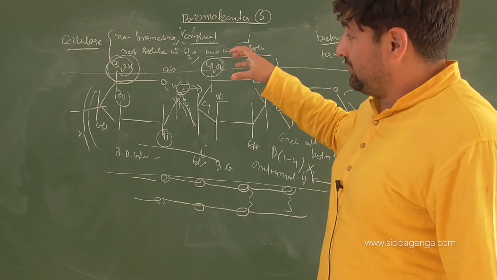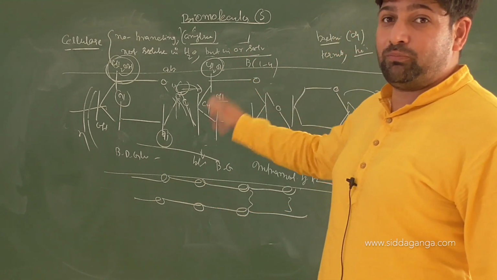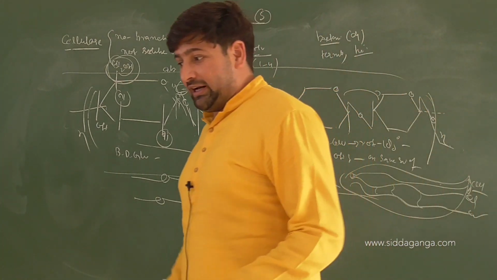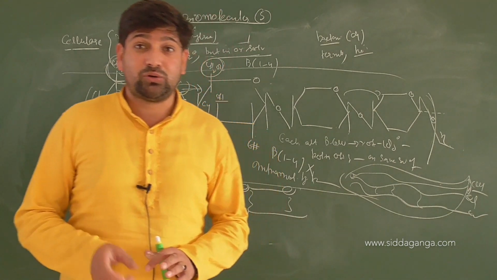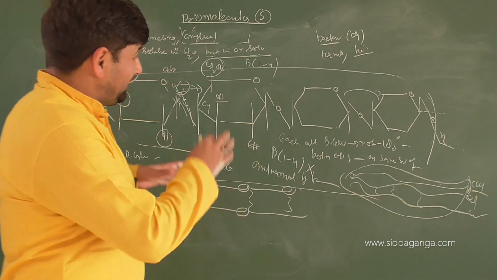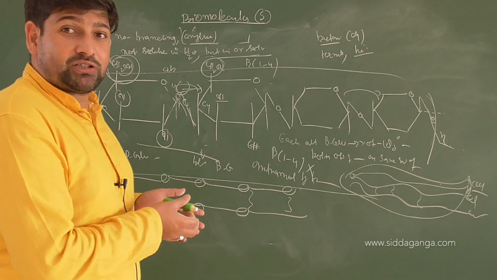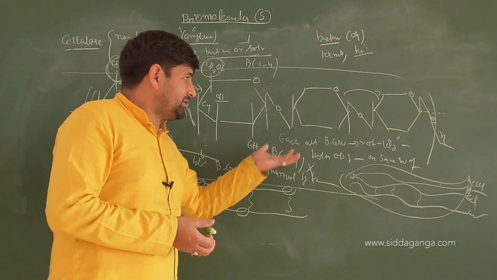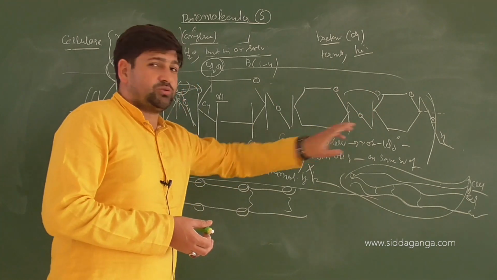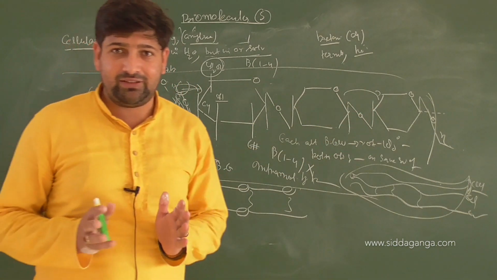Rather, you try to find out the intricacies of bonds in different molecules. As I mentioned, I repeat, the structure of a molecule governs its function. In carbohydrates, it is the structure that is the basic reason for the different properties shown by these molecules. Am I clear with this thought, children?